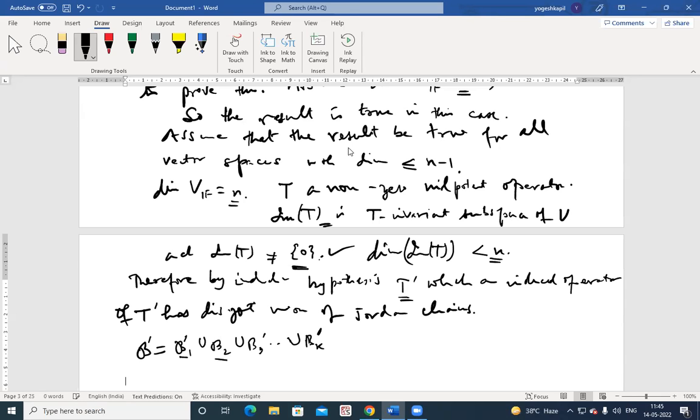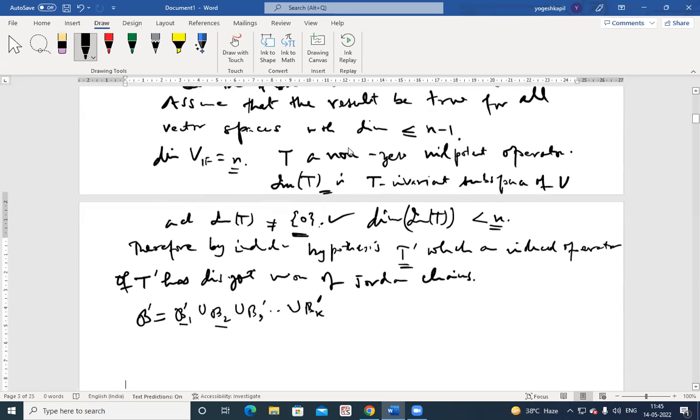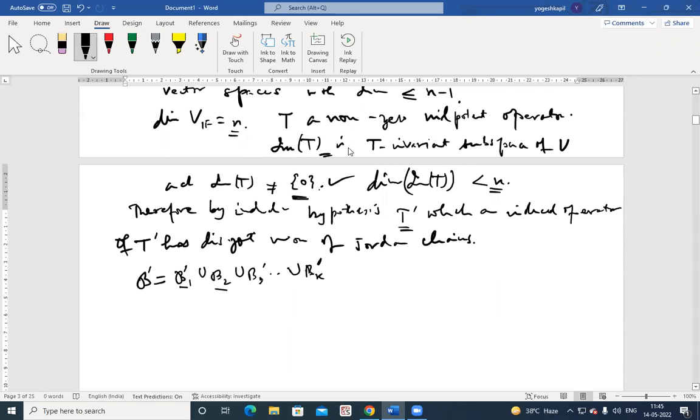What that means is that the matrix of T dash is a diagonal matrix with Jordan blocks on the diagonal, with respect to these chains.